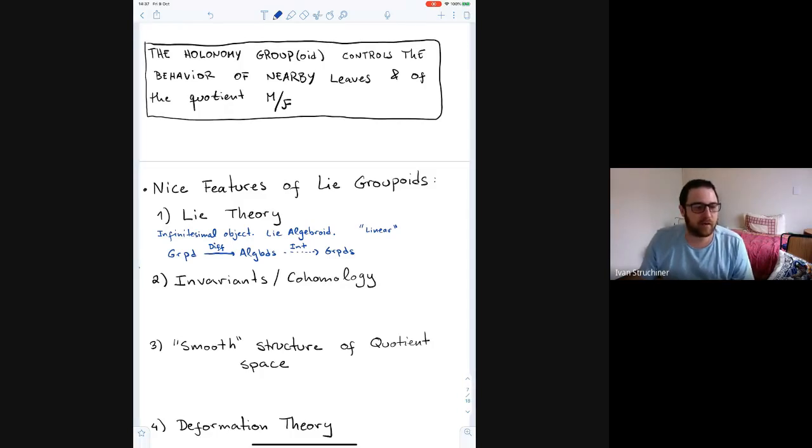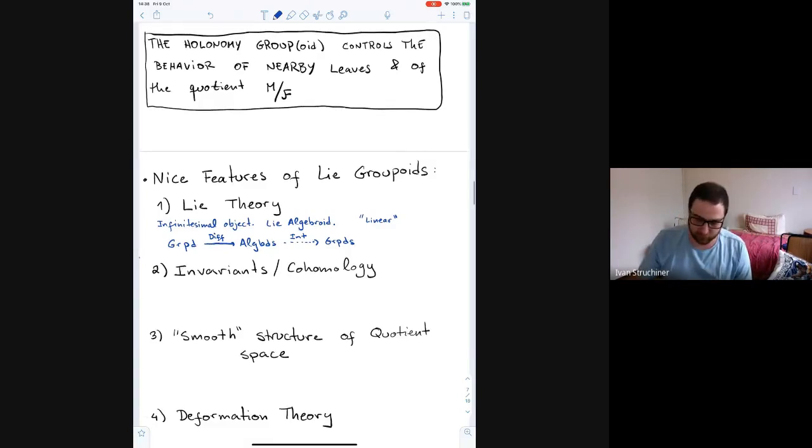You differentiate it to get something on Lie algebroids. You solve the problem on the Lie algebroid, and then you try to exponentiate back to get your answer on the groupoid. And this works pretty well in concrete examples. This is something that is very well established for Lie groupoids, and it's a very nice feature of the theory.